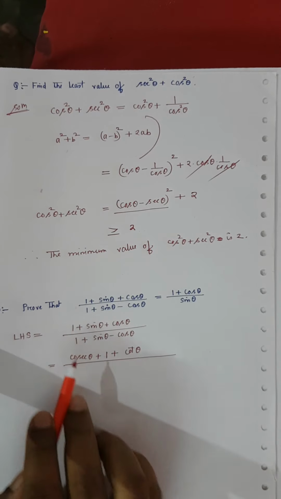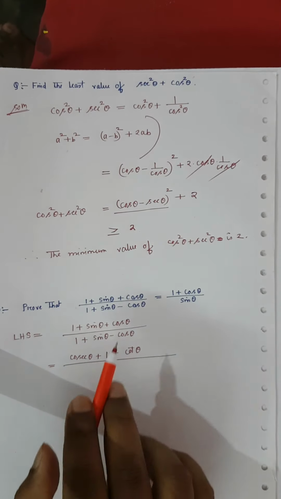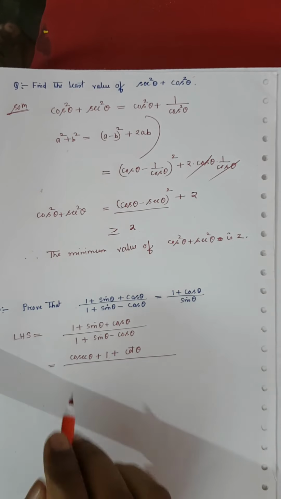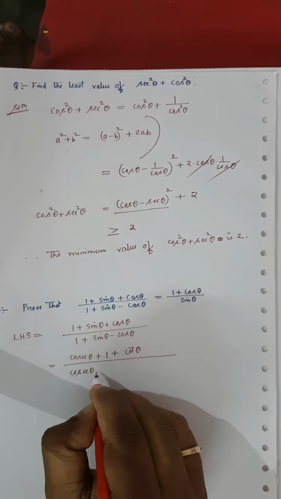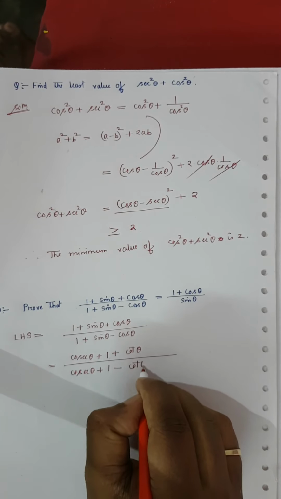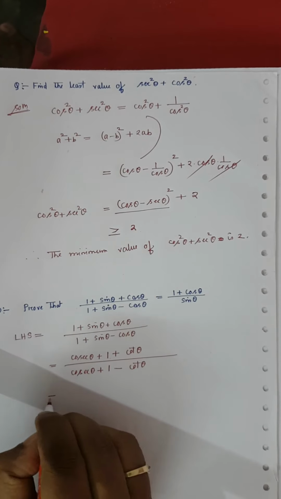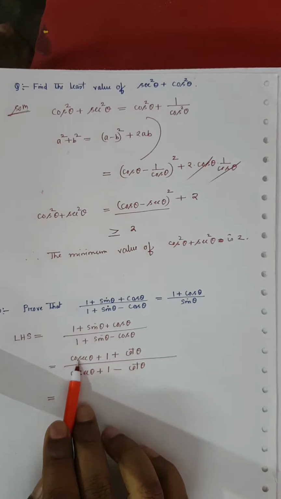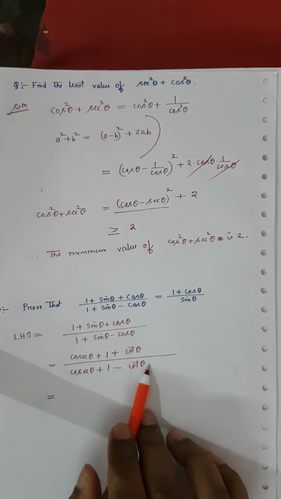See, this is very simple. Now this is cosec theta plus cot theta, this is cosec theta minus cot theta.